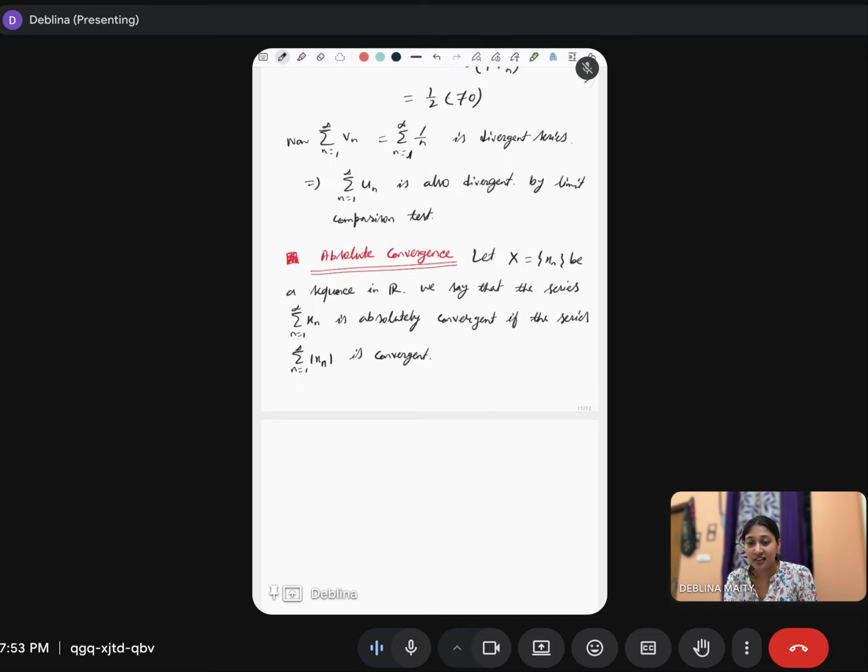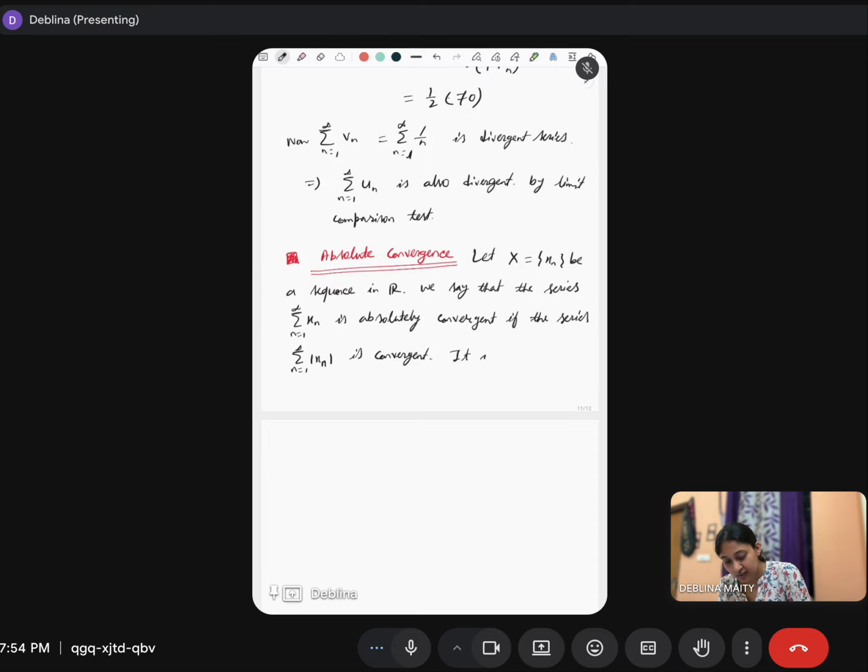Right? And we can prove that if a series is absolutely convergent, then the main series is also convergent. And there is another kind of convergence, which is called the conditionally convergent series. If this is not absolutely convergent, we say that it is conditionally convergent.